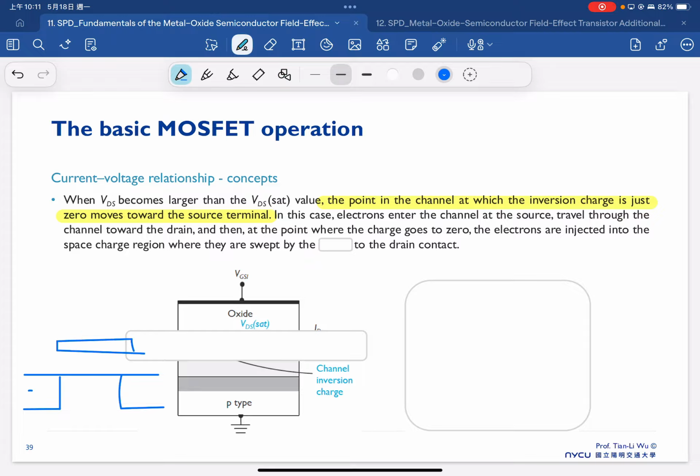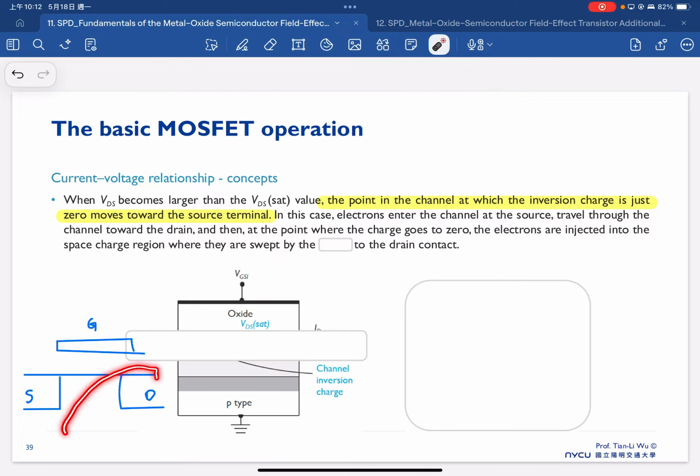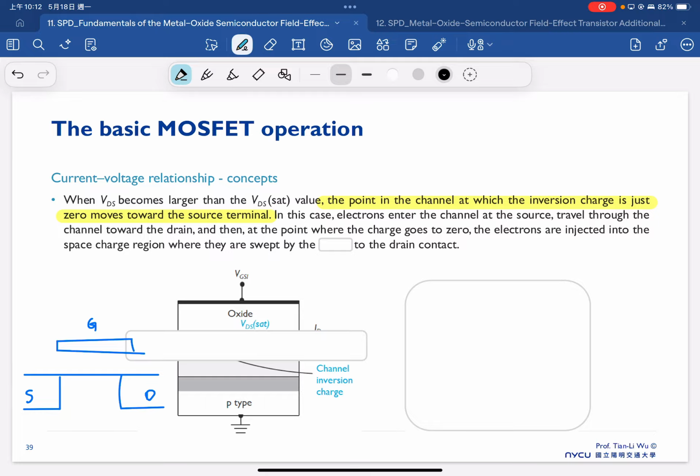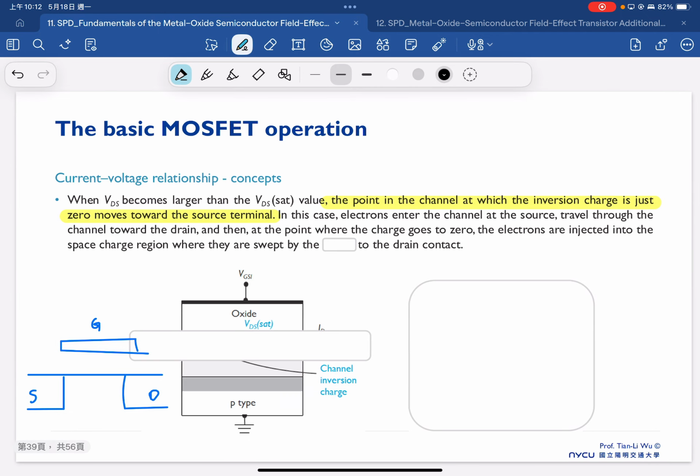Once we continue to increase the drain bias, the contribution of this reverse PN junction cannot be ignored. So we have to remind ourselves that we have the P substrate here.